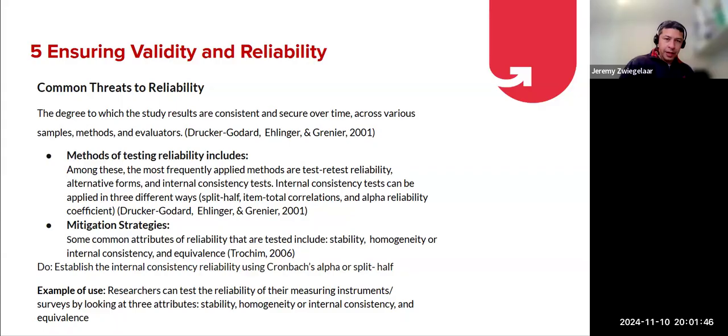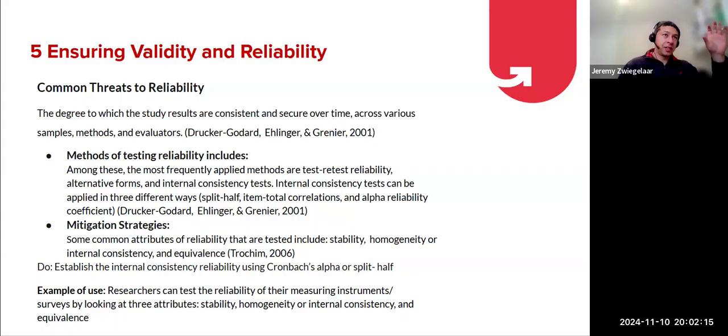Okay. And then we also look at the reliability of our findings in terms of the questions that we are asking. One of the ways of checking is to look at what's known as homogeneity or internal consistency and equivalence, right? So we establish this using reliability measures such as Cronbach's alpha or split half.